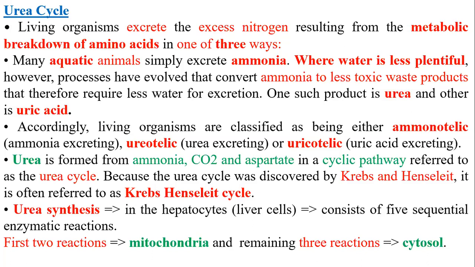Because the urea cycle was discovered by Krebs and Henseleit, it is often referred to as the Krebs-Henseleit cycle.